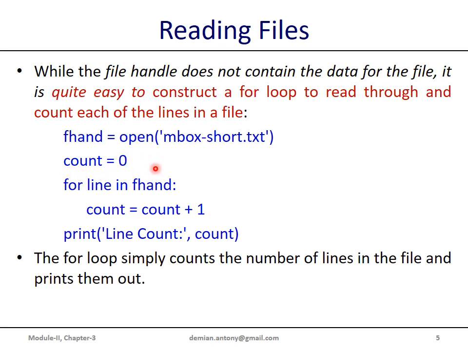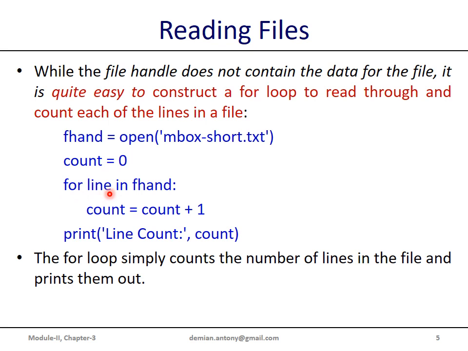That's why we initialize the line counter, count is equal to 0, and then we use a for control statement, for line in file handle. You can use another for control variable, not necessarily line, but here we have used a meaningful name for a control variable.